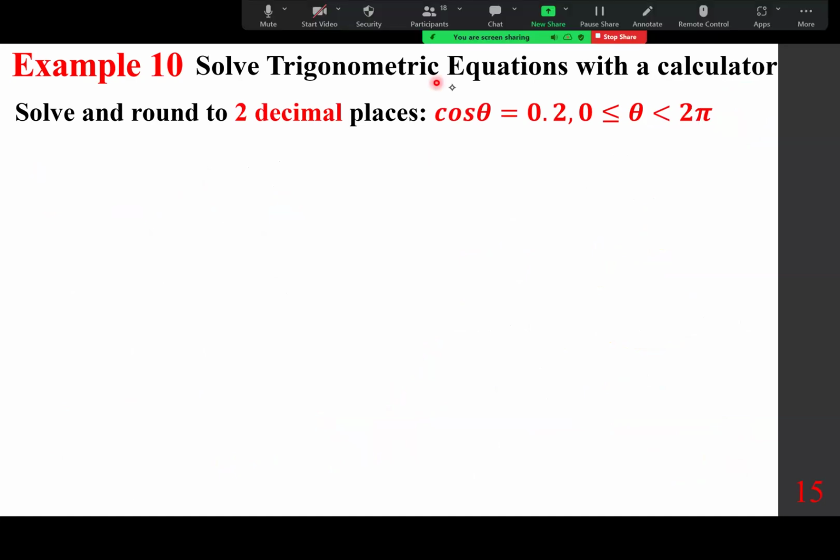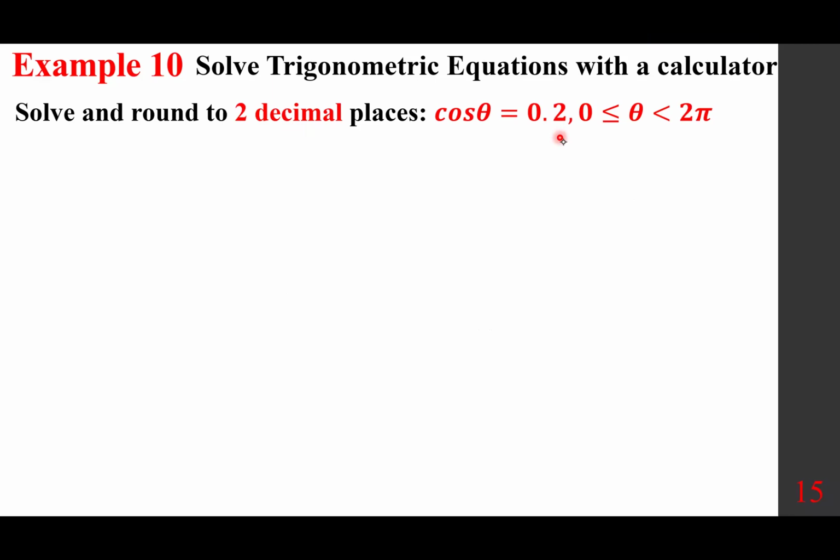So again, from cosecant, we go to sine because we are familiar with those. Now let's solve an equation with the calculator. Solve and round to 2 decimals. Cosine theta is 0.2. Obviously, that's not a common arc, and we have to figure it out using a calculator.